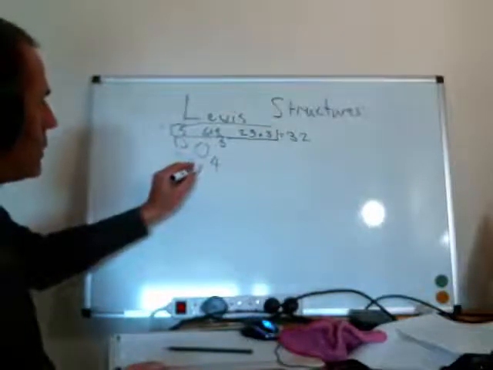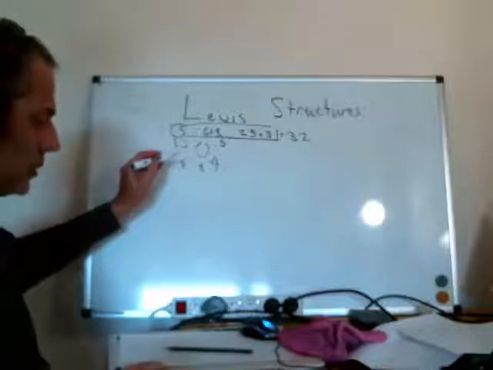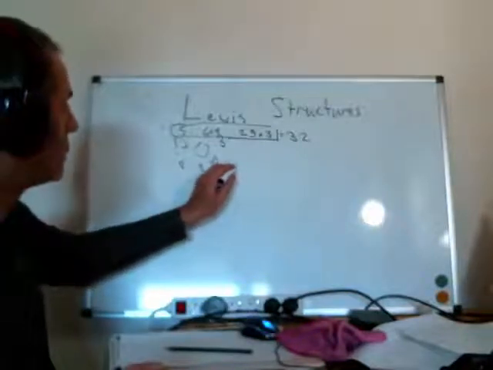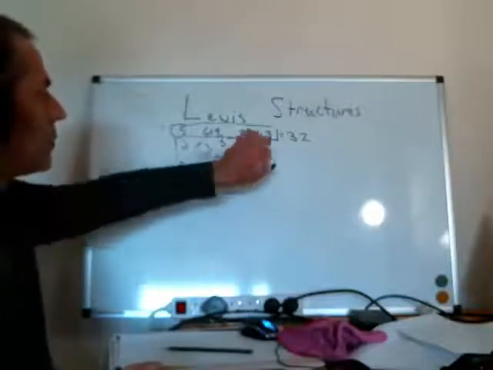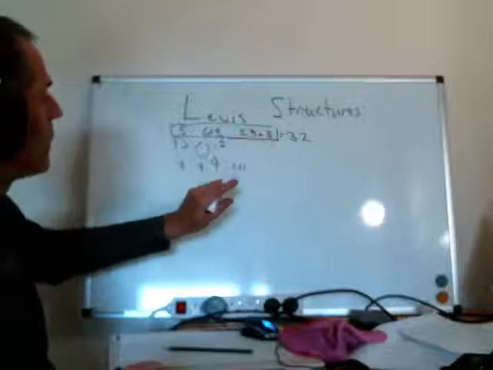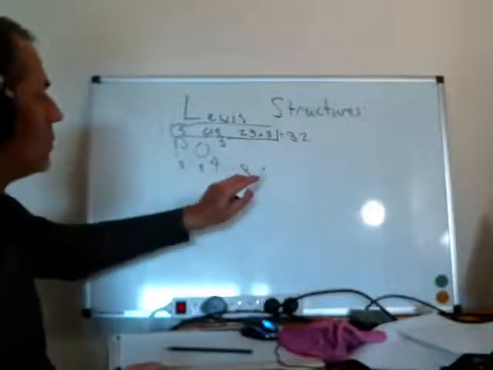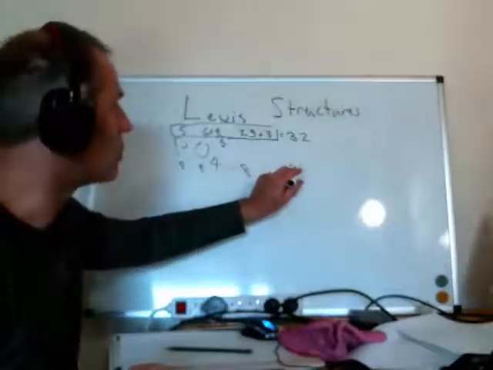We would like 8 electrons per oxygen and phosphorus, which means that we're missing 11, but we've got 3, so we're only missing 8, which divided by 2 means that we would have 4 bonds.